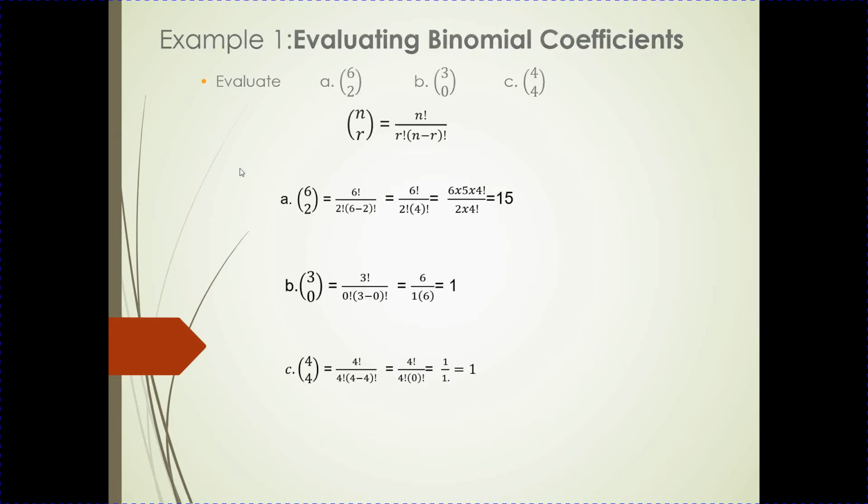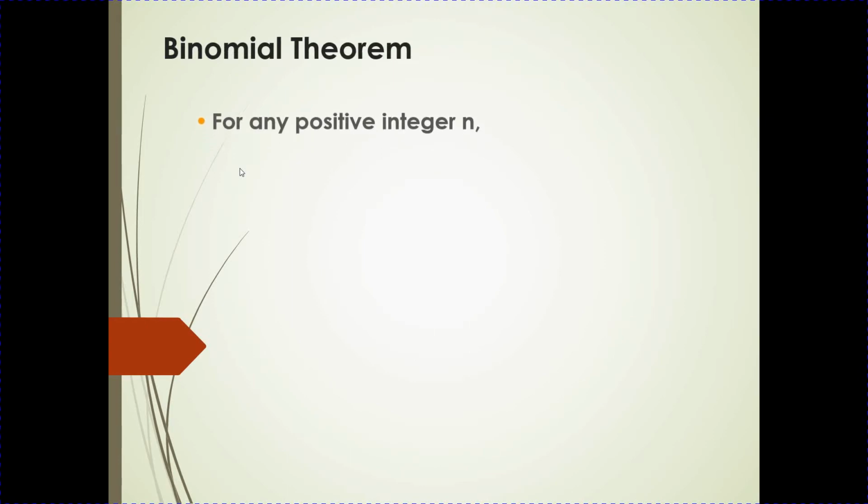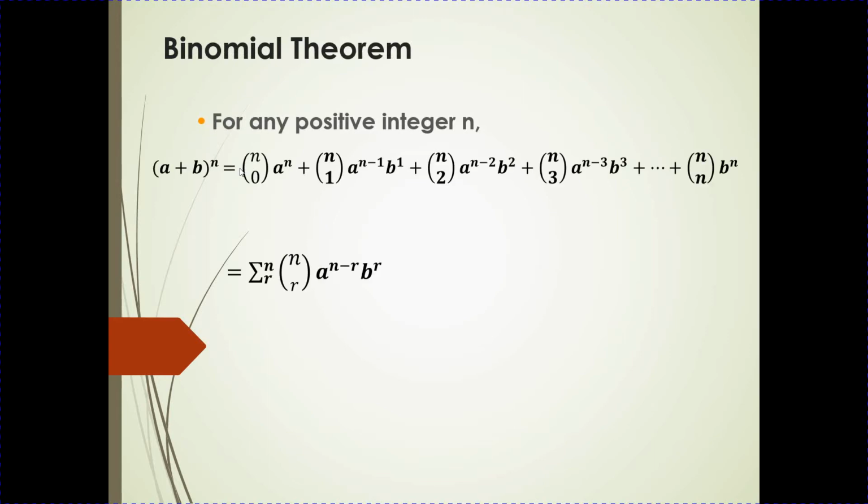Now let's go to the binomial theorem, which helps us to expand a binomial raised to a power. a plus b to the power of n is equal to n choose 0 times a to the power of n, plus n choose 1 times a to the power of n minus 1 times b to the power of 1, plus n choose 2 times a to the power of n minus 2 times b to the power of 2, plus, and finally it will be n choose n times b to the power of n.